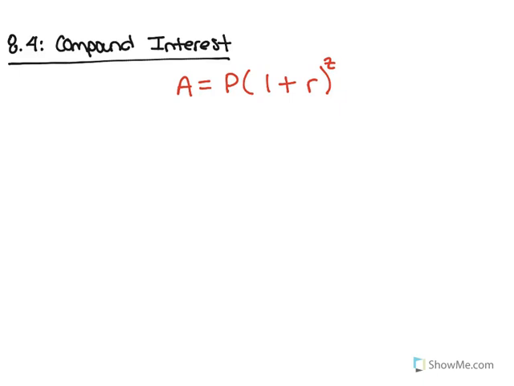So on number one, it says you deposit $2,000 in an account at Regions Bank, which has a rate of 1.6%. There are two parts, A and B. A says find the amount, A, of money in the account after 3 years, subject to interest compounded once a year, okay?